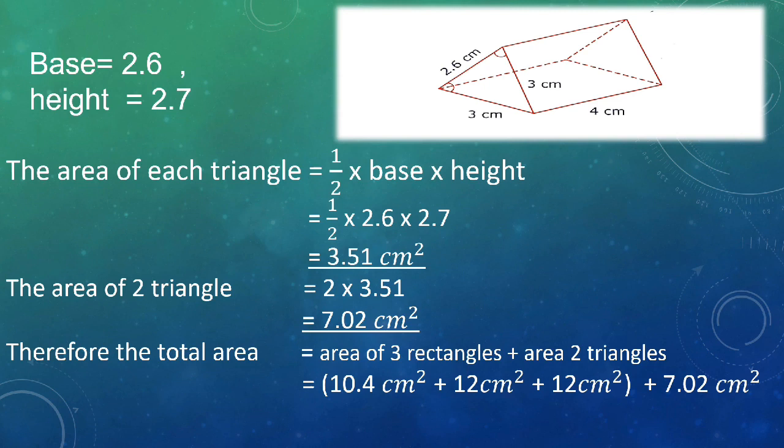So the answer is 41.42 centimeters squared. So this is now the answer for the surface area of our triangular prism.